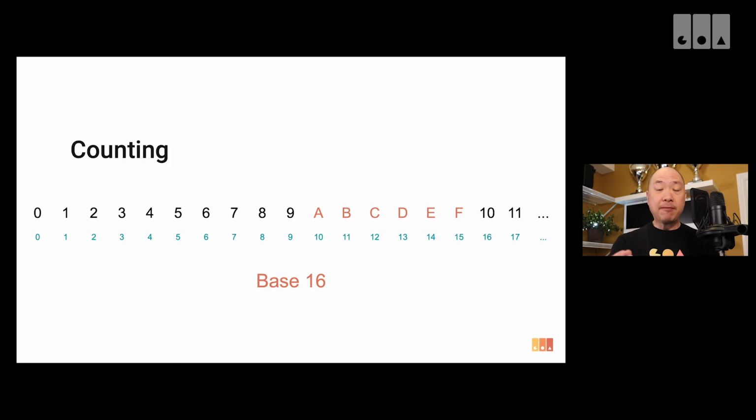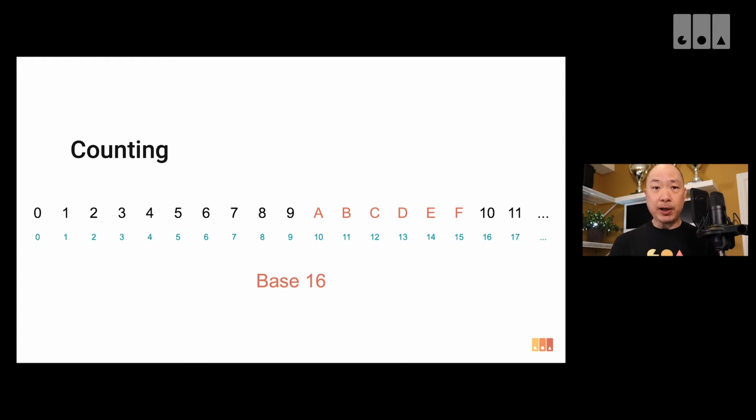And then now we have a digit A, which represents the number 10, the digit B, which represents 11, the digit C, which represents 12, the digit D, which represents 13, the symbol E, which represents 14, and the symbol F, which represents 15.